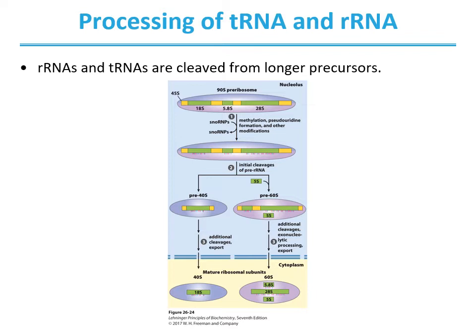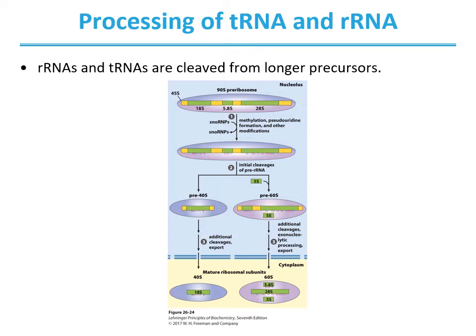Step 2. A series of enzymatic cleavages of the 45S precursor produces the pre-40S and pre-60S. Additional cleavages and export of these two into the cytoplasm produces the mature 40S and 60S. The ribosomal subunits gradually take shape with the assembling of ribosomal proteins.